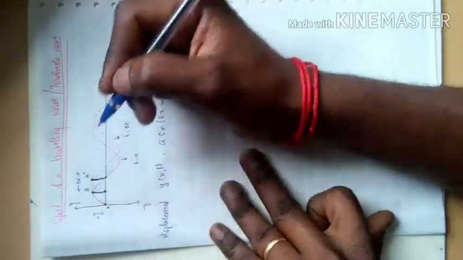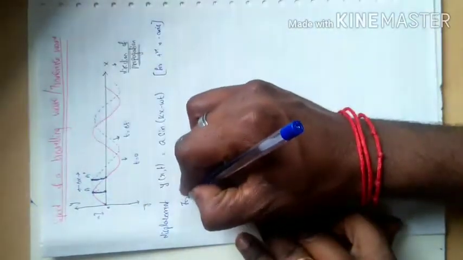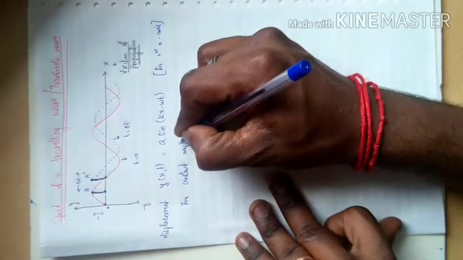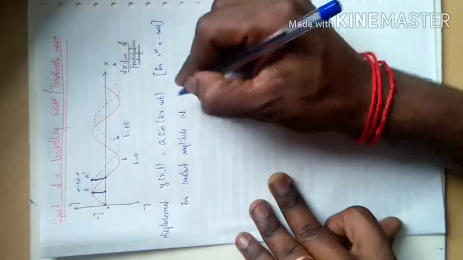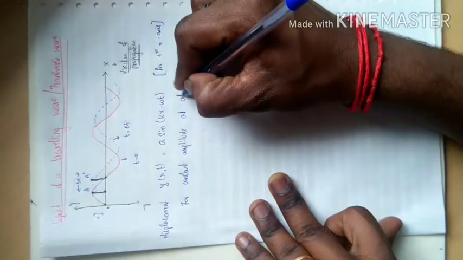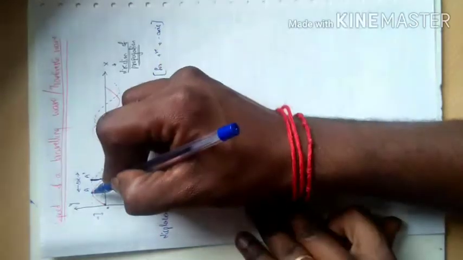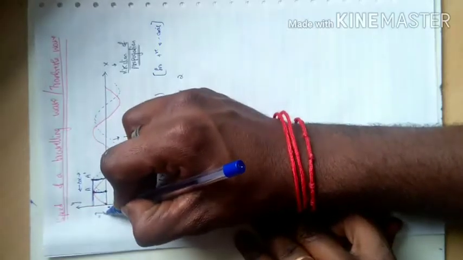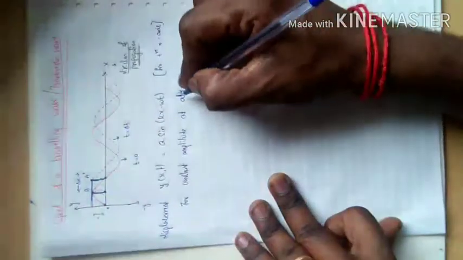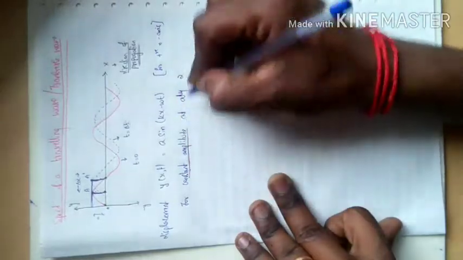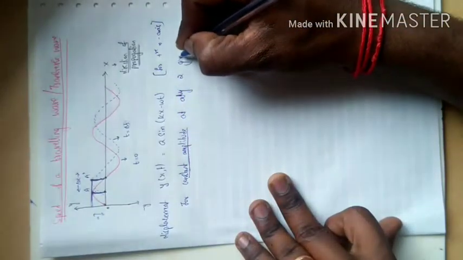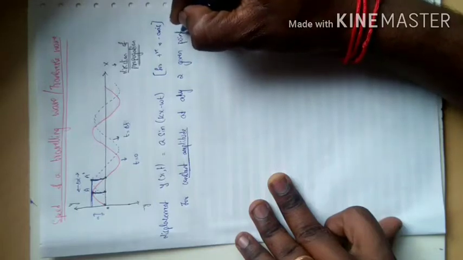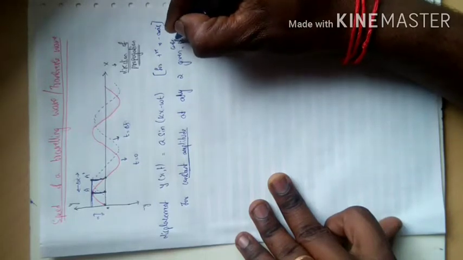Here I want to have a constant amplitude. For constant amplitude at any two given points, the amplitude remains constant, that is A. These are consecutive points.